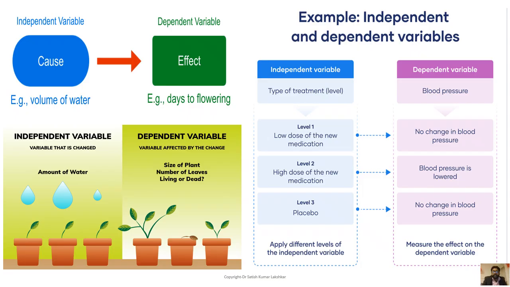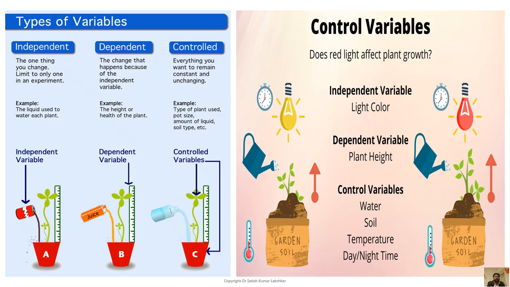Now on the right side of the screen you can see the comparison of independent and dependent variables also. Now the types of variable: independent, dependent, control. You can see a similar example. We have three flower pots, or plants A, B, C. What is our focus?